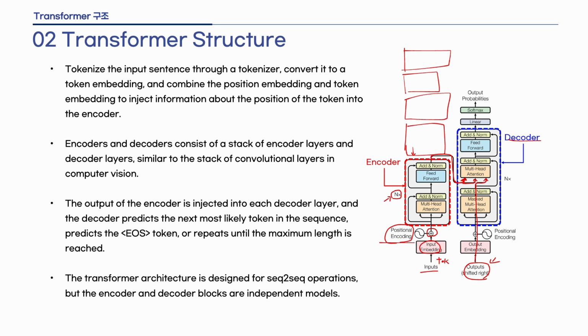So by combining the encoder representation and the decoder representation, we can calculate the unified representation of both encoder and decoder, and feed it into a feed-forward neural network and the linear layer as a kind of classifier.